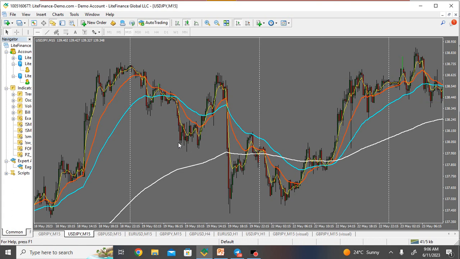Then you should wait for the price to bounce up, then to go down. This is a shift candle.